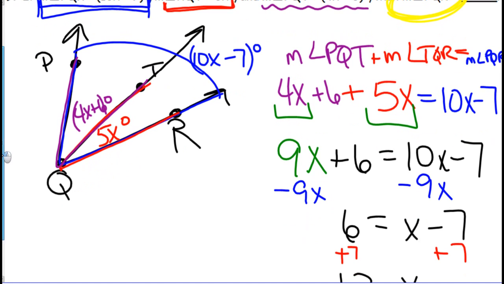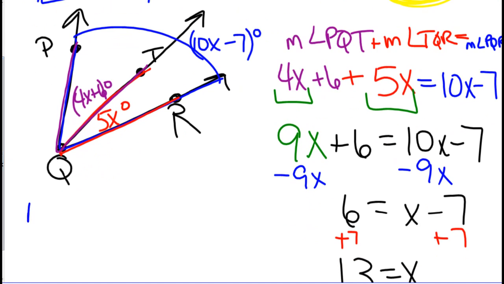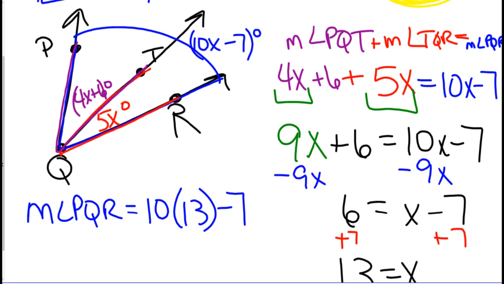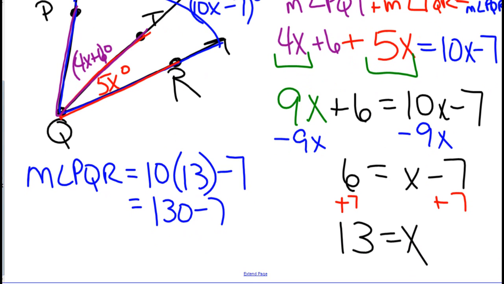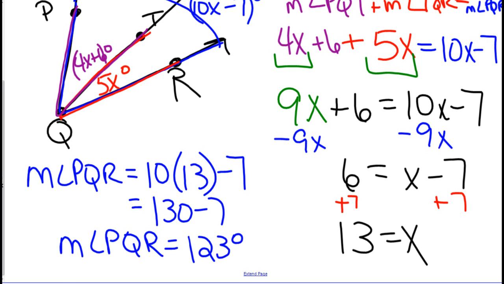So the measure of angle PQR equals 10 times 13 minus 7, which is 130 minus 7. So the entire angle, the measure of angle PQR, is 123 degrees.